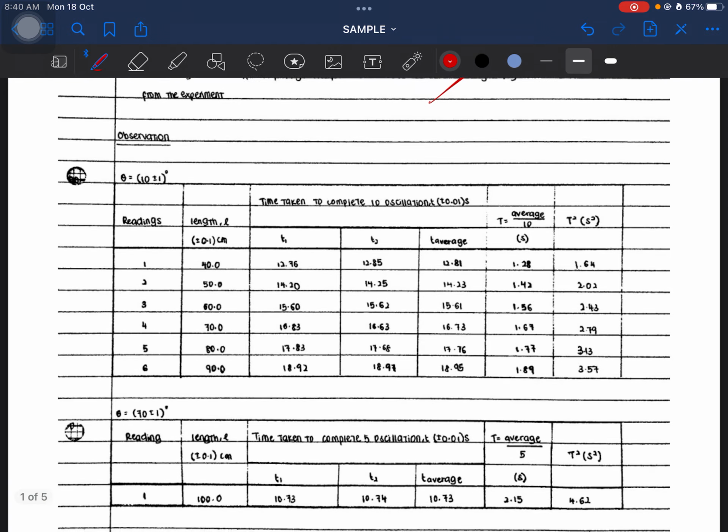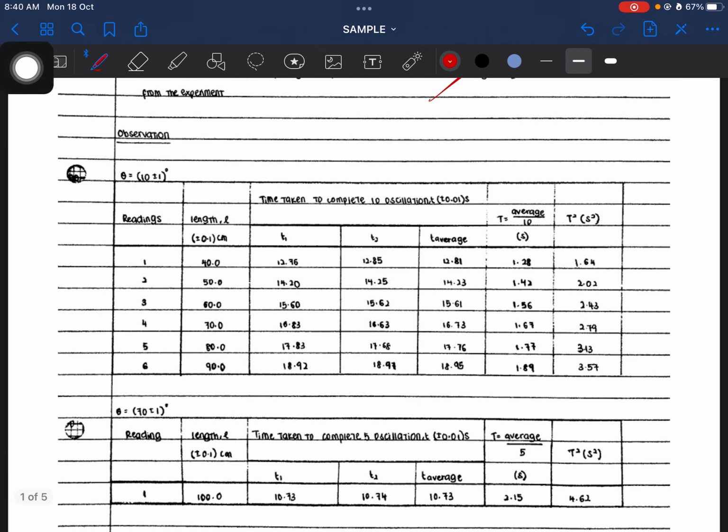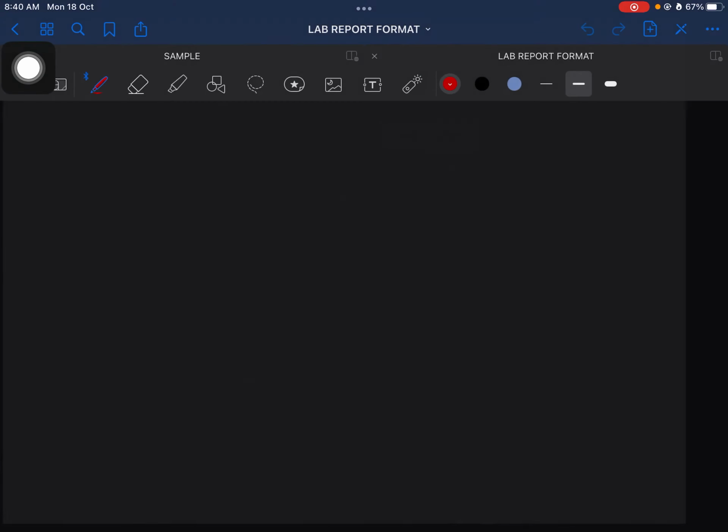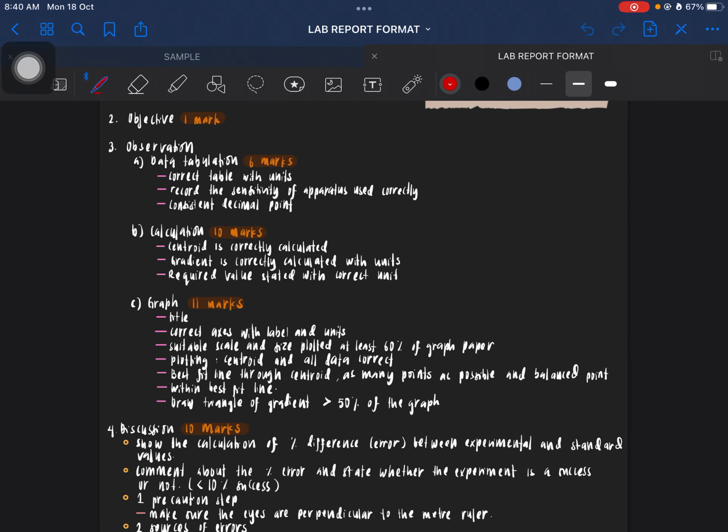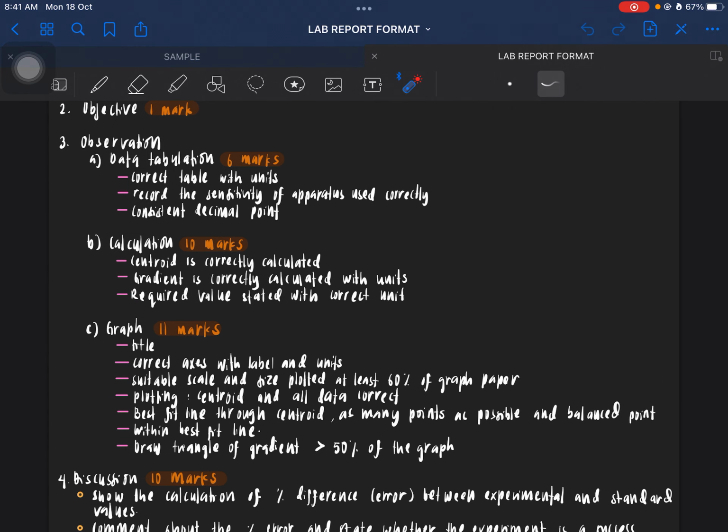Under observation, we have data tabulation, which is 6 marks. You have to have a correct table along with the units, record the sensitivity of the apparatus used correctly, and have a consistent decimal point.